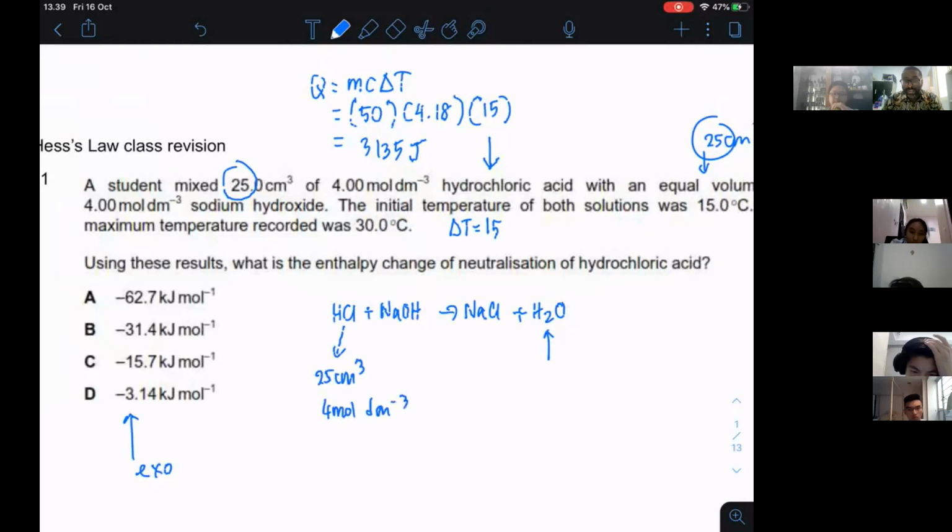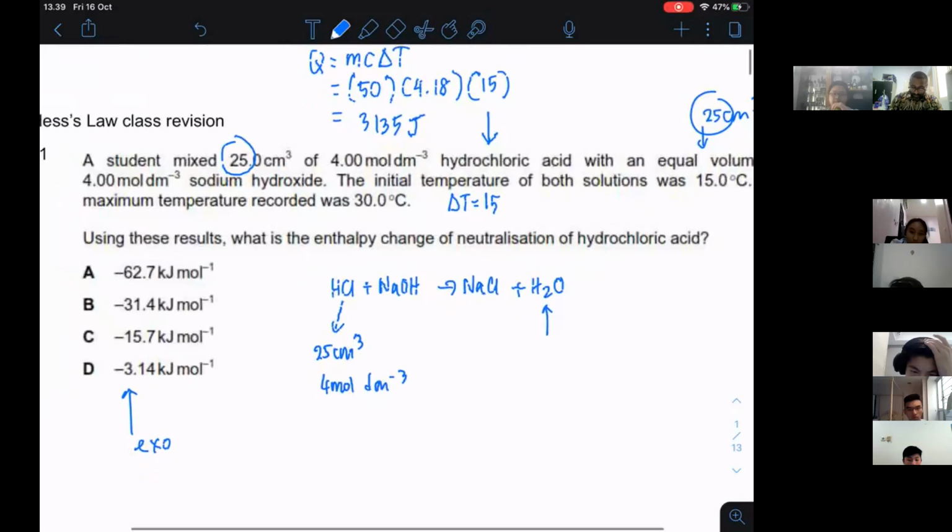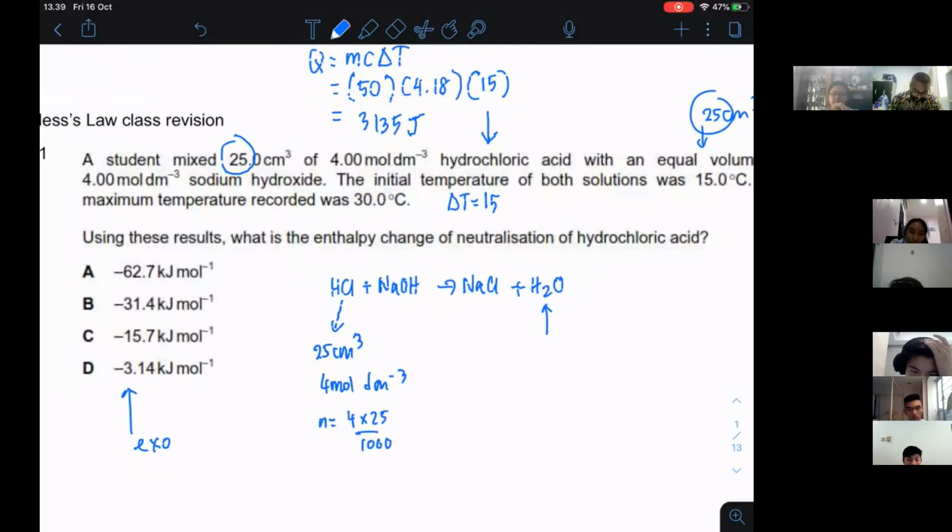That is important. The number of moles is concentration times volume divided by 1000. So you will get 100 divided by 1000. You are talking about 0.1 mole. The same thing when you calculate for the other, you will get 0.1 mole.